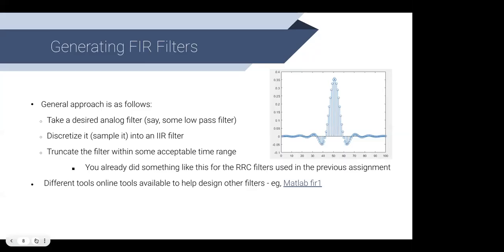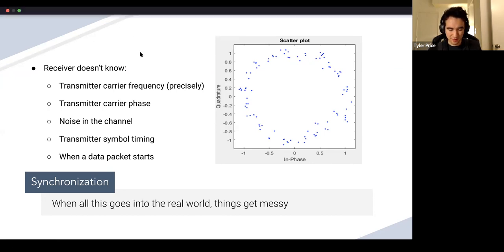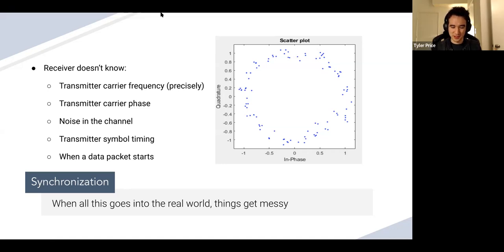Okay. So we're going to switch gears a little bit here and talk about something called synchronization. If you build a transmitter, build a receiver, and turn them on, there's nothing exactly guaranteeing that the oscillators on the transmitter are perfectly identical to those on the receiver.